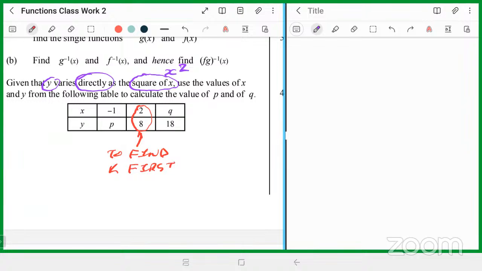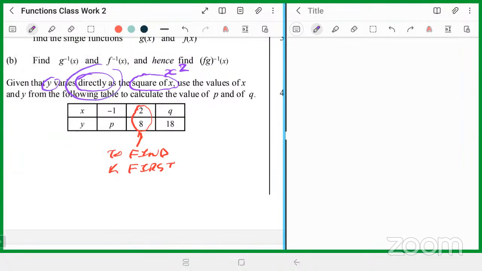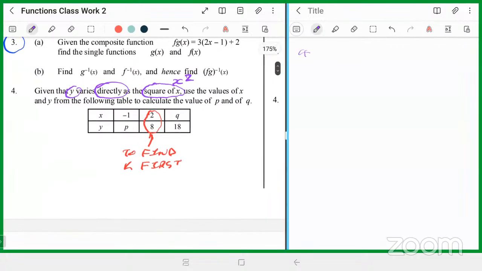All right, so let's set it up now. So again, because it is this direct variation between y and x squared, as is seen in this statement in here, the variation relationship for this question, question 4, is that the first variable y is k times the second variable, which is x squared, the square of x.